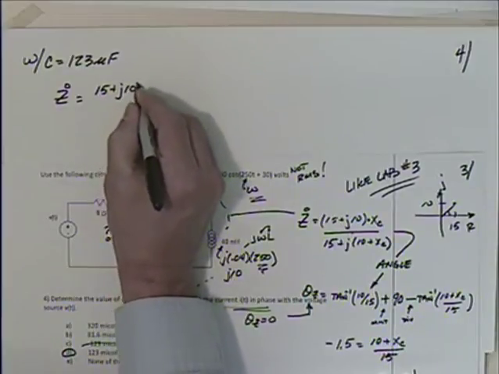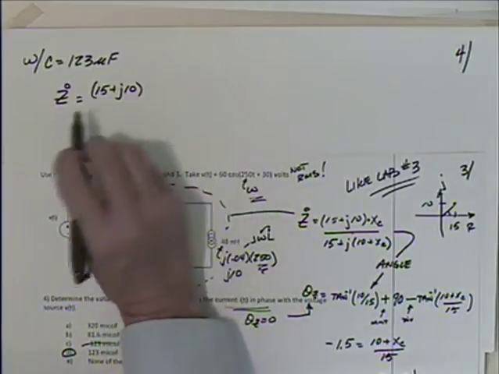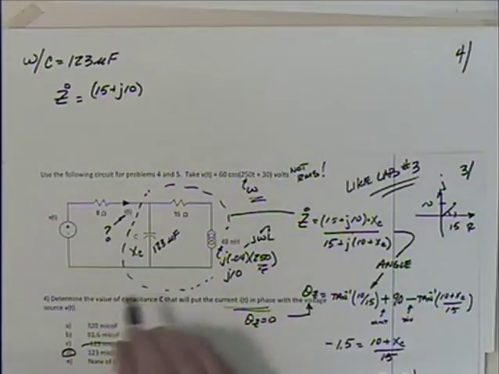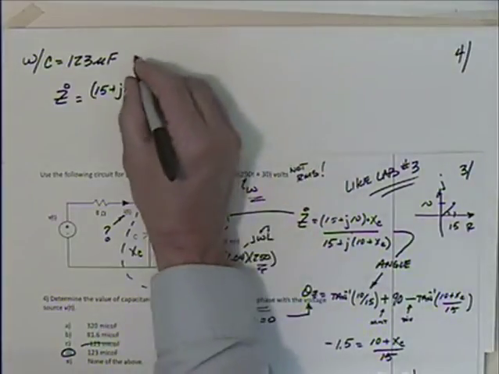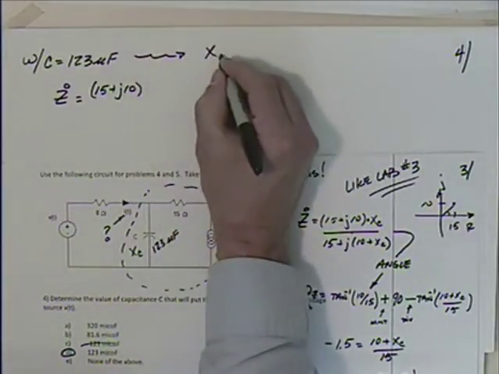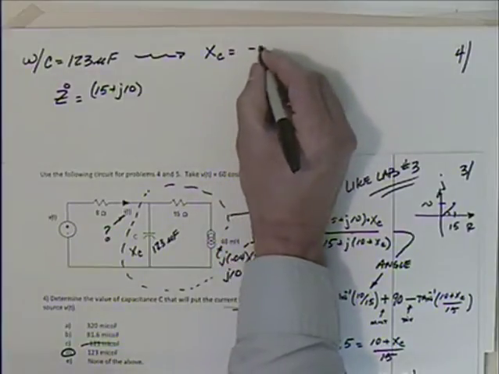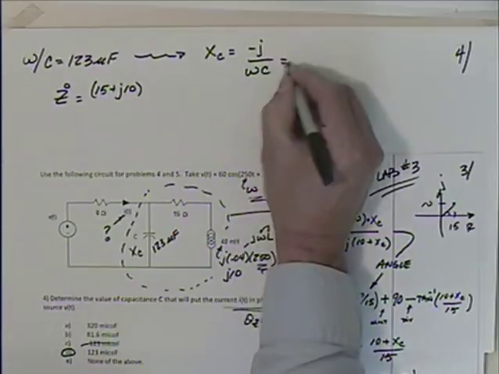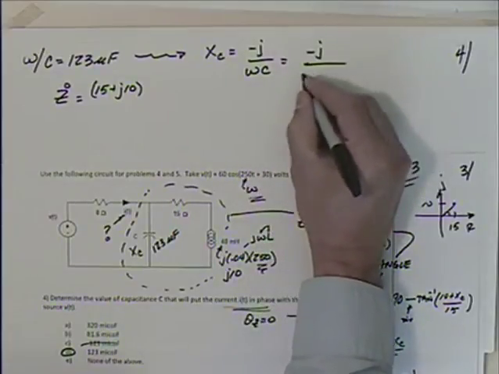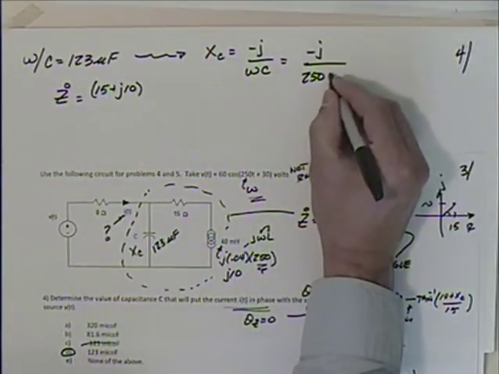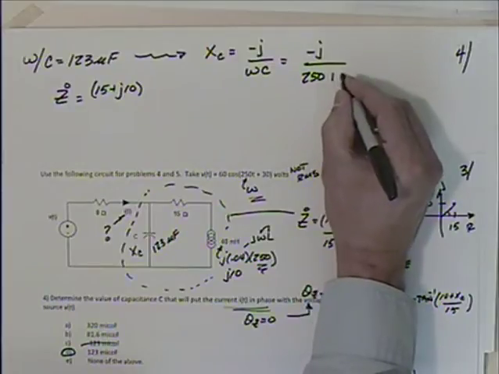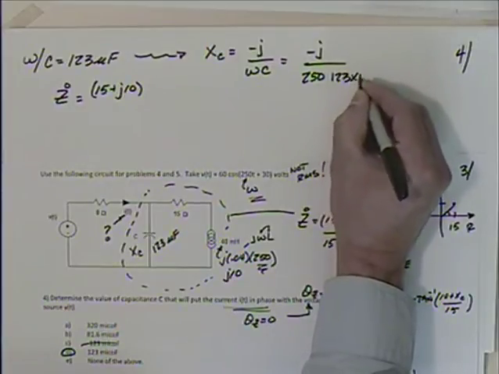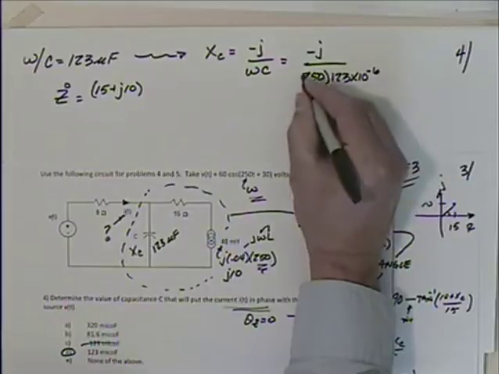Plus J10 times x sub c. I guess I need to figure out x sub c, don't I? So x sub c would be equal to minus j divided by omega c, right? Which is minus j divided by 250 times c, which is 123 times 10 to the minus 6.